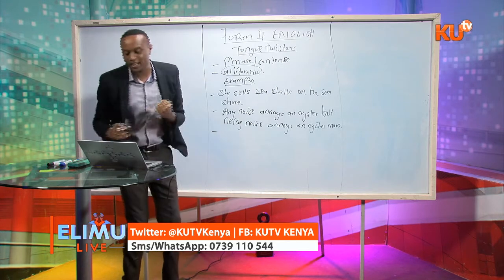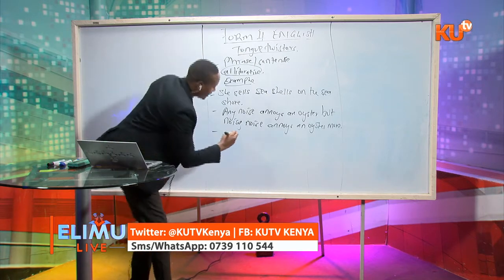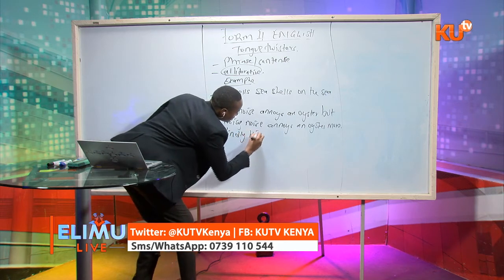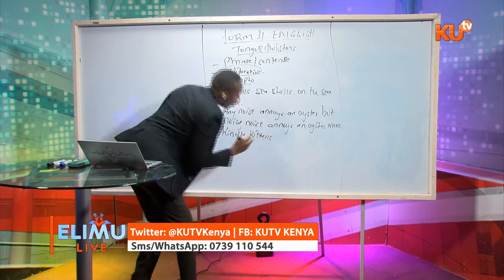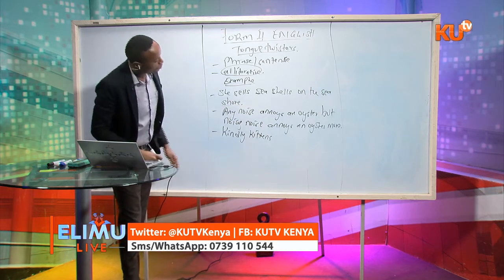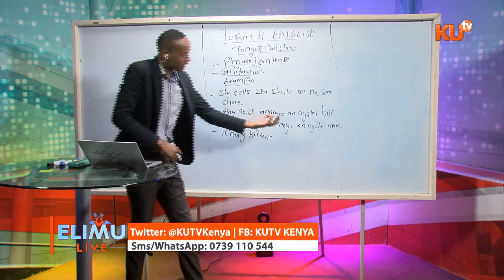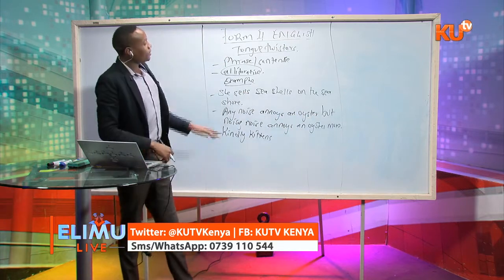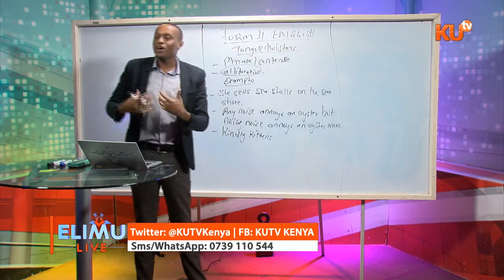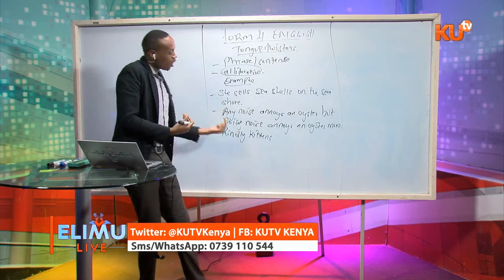Here we can give a third example. Kindly kittens knitting mittens keep kazooing in the king's kitchen. I hope you are trying to say these ones at home and you see whether you say it correctly, or maybe you have some problems when it comes to pronunciation, because the major factor why we are talking about tongue twisters is to see whether you are able to pronounce these words correctly.